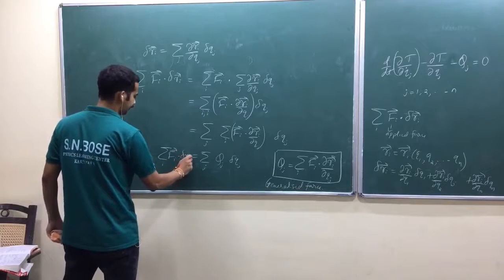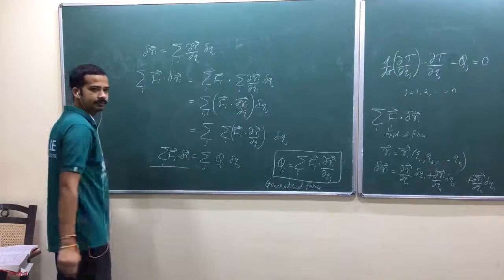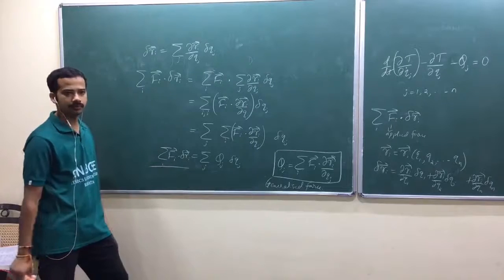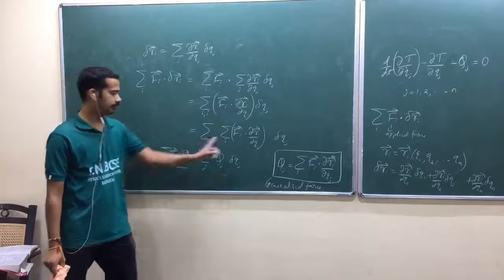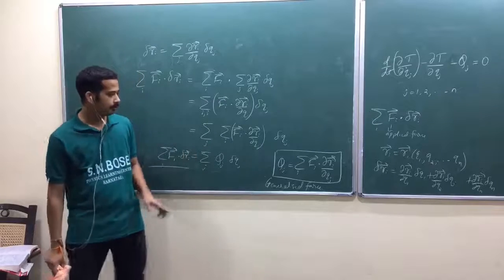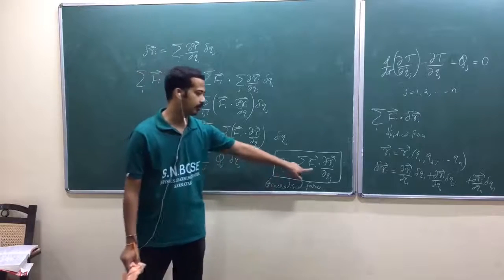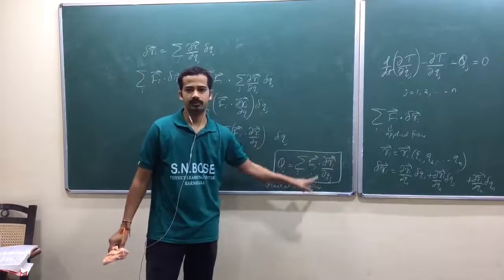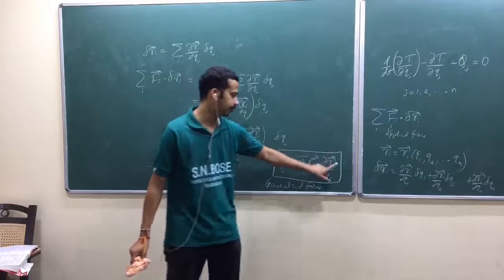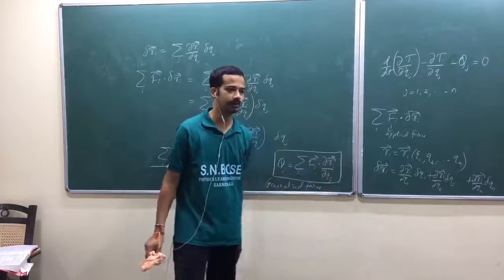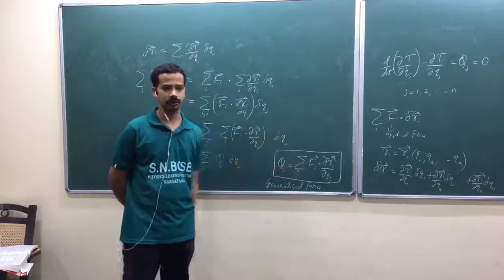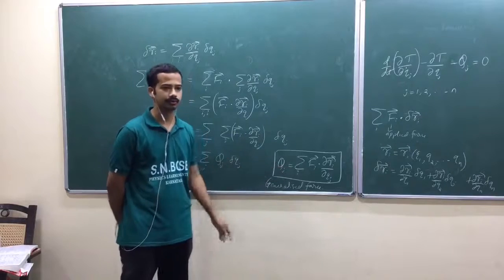What is this part? Work done. It should be of the order of energy, am I right? And this part should be work done. But this Qj need not be of the order of force. Look at here, something else can happen here. Maybe position or something will be introduced here. So that's why Qj need not be of the dimension of force.